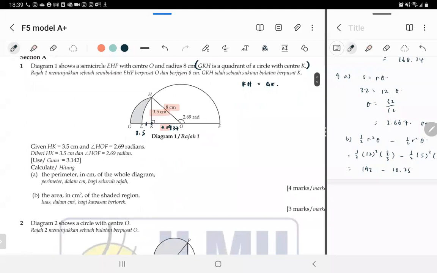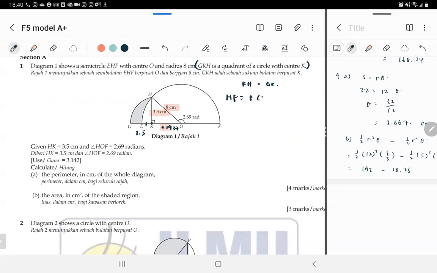First, I got the arc of HOF, by taking the whole thing and then minusing a bit. The arc of H to F, that one I got 17.904. For HF, you do R theta, right?